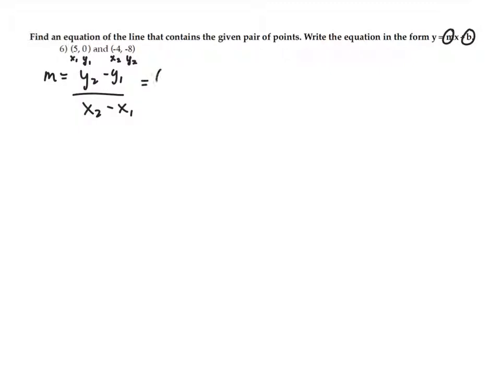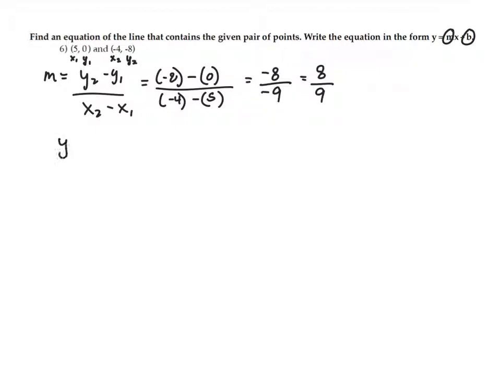So y2 is negative 8 minus y1 which is 0, over x2 which is negative 4 minus x1 which is 5. That gives me on the top a negative 8 over, on the bottom, negative 4 minus 5 is a negative 9. Since there are 2 negatives, they can cancel, so my slope will be 8/9.